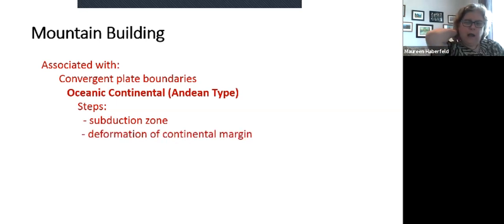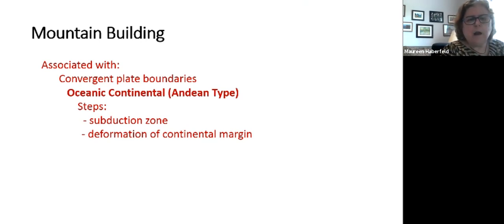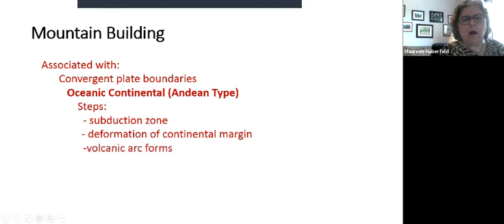You get a deformation of the continental margin right next to the zone. The rocks get deformed. And then you also get, as the subduction gets deeper, the material that's getting recycled starts to melt and form magma. And that works its way up and forms a volcano.